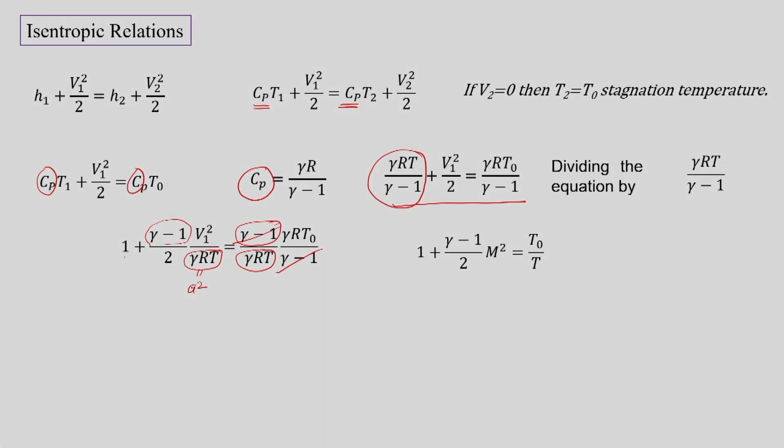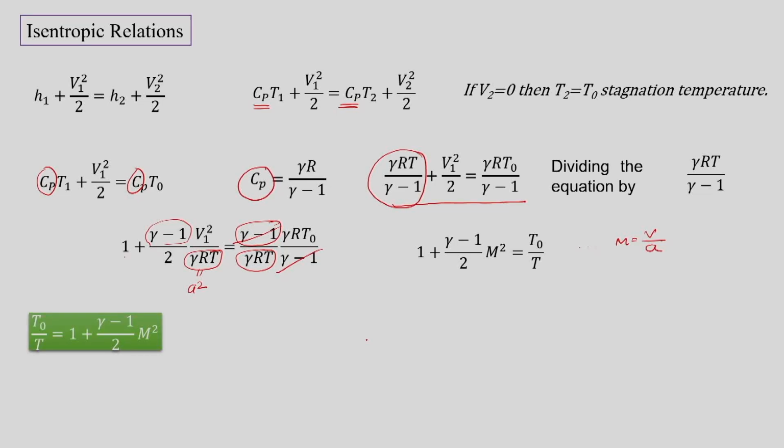So V1 square upon A square is equal to M square, using the concept that Mach number is the velocity of the fluid divided by the local speed of sound. So this is the definition of Mach number.